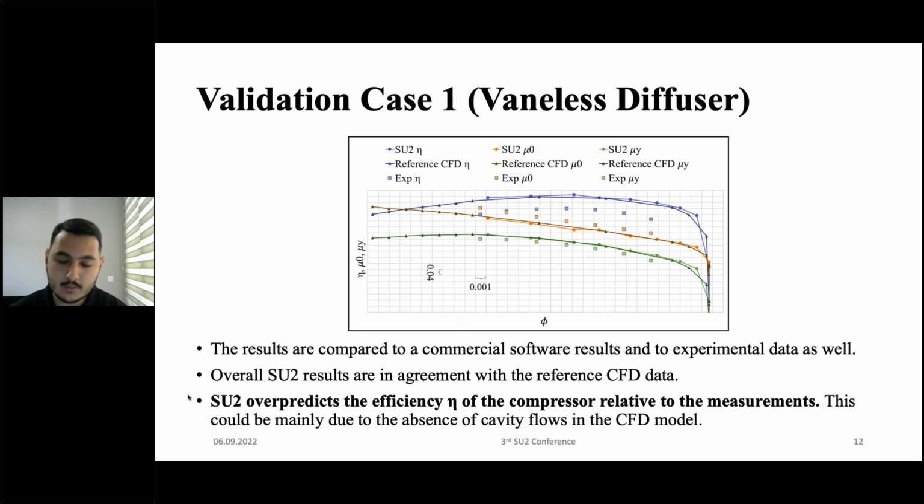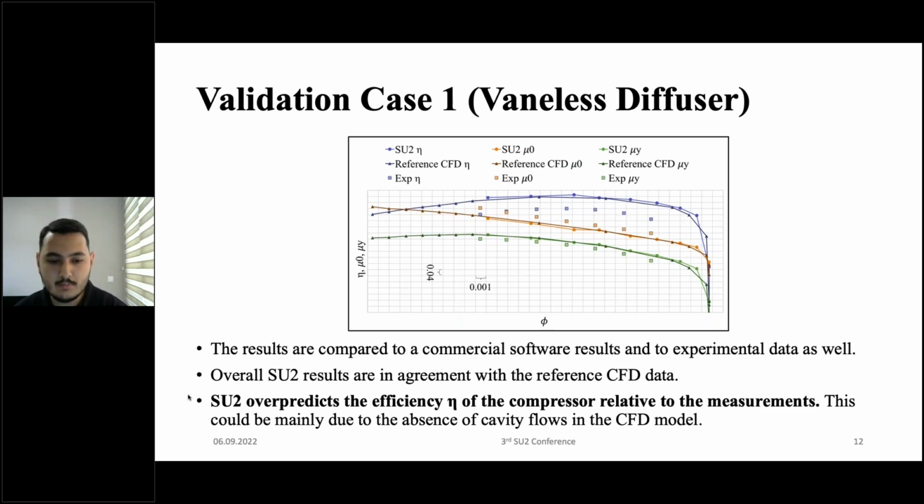When we compared it to experimental data for the work pressure rise coefficient and work input coefficient, we see that SU2 is quite good as well. However, when we look at the polytropic efficiency, both the reference CFD and SU2 overpredict the polytropic efficiency of the compressor relative to the measurements.